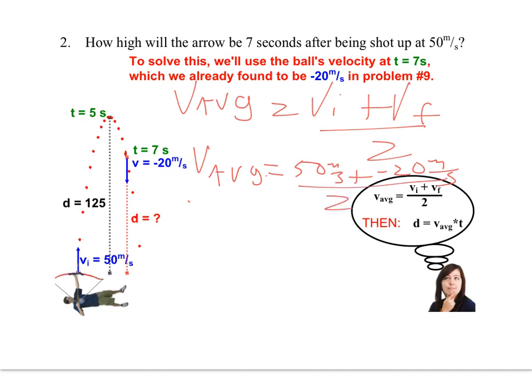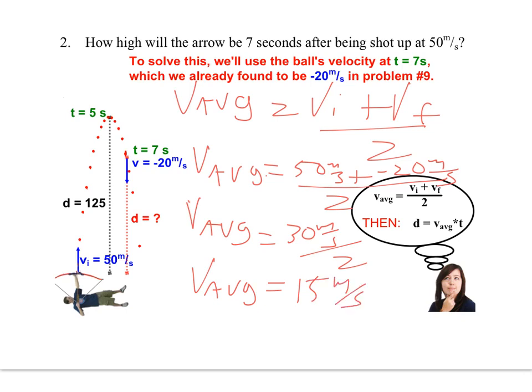V average is equal to 50 minus 20, so that's 30 meters per second, divided by 2. Different time frames, so different average velocity. So the average for that 7 seconds is 15 meters per second.